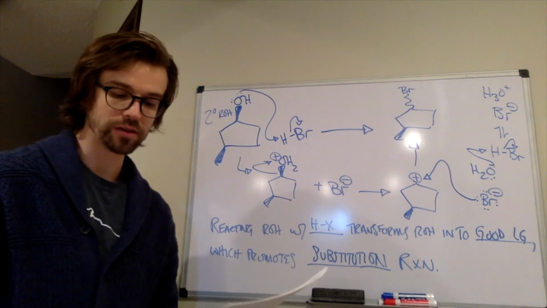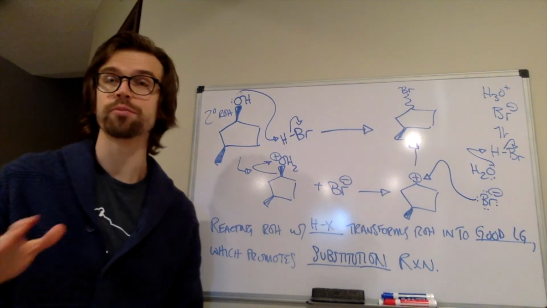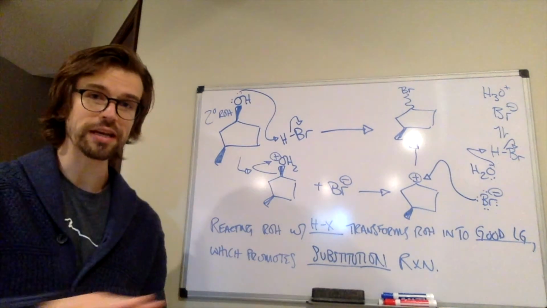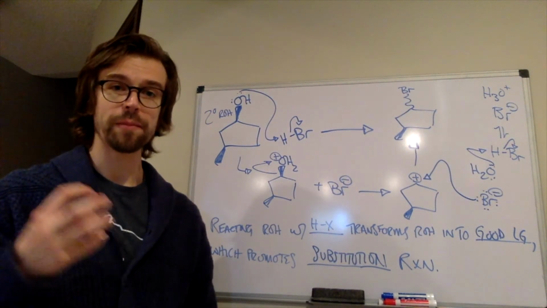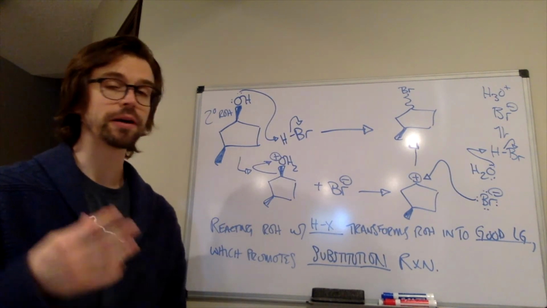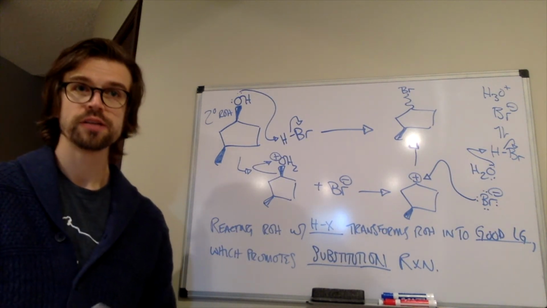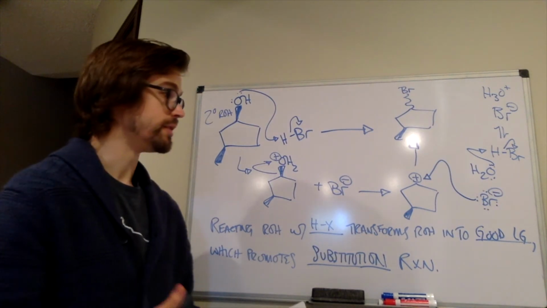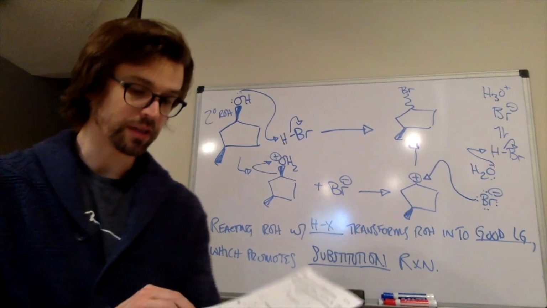But primary alcohols, just like primary alcohols with elimination, we cannot form primary carbocations. So that means that a primary alcohol would be forced to undergo an SN2 type reaction. And again, that means that it would be the slowest.